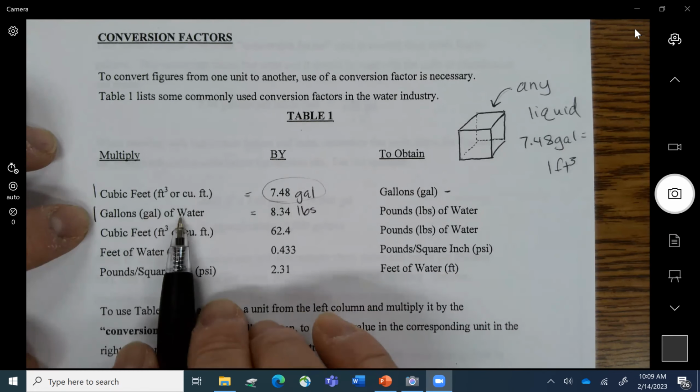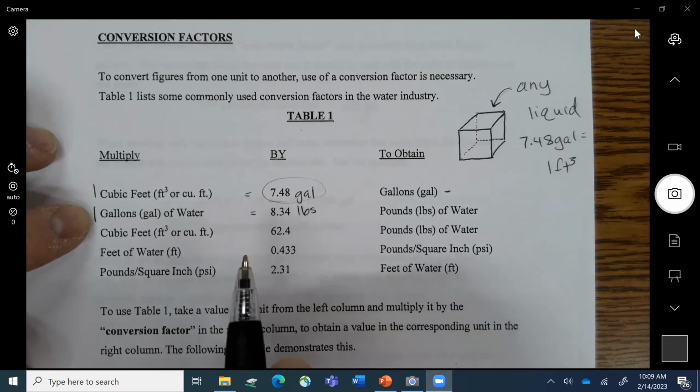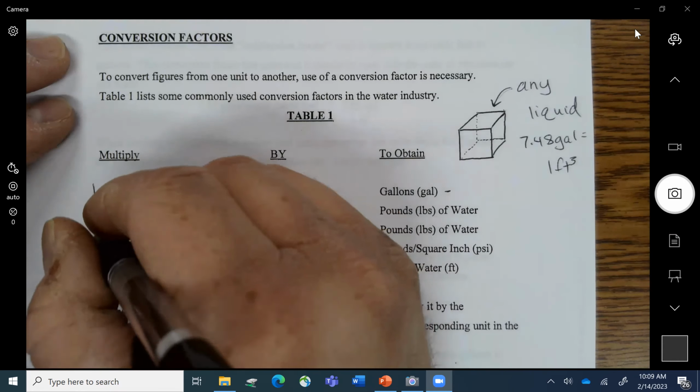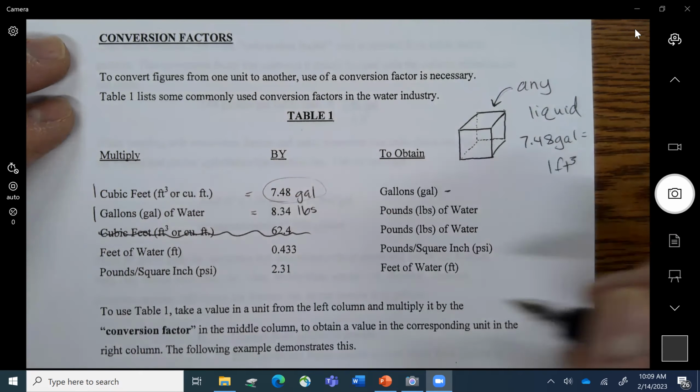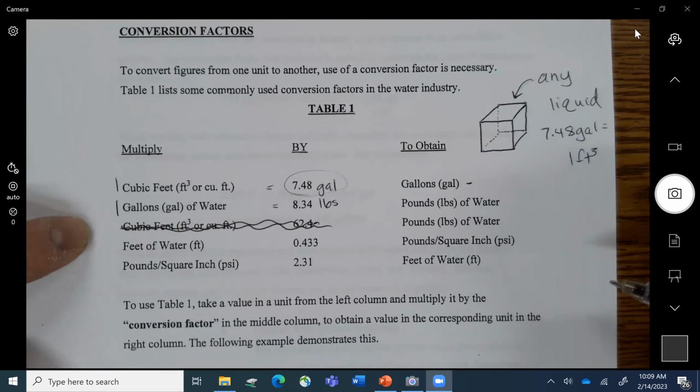1 gallon of water weighs 8.34 pounds. Now, that's not a universal constant, right? Because motor oil weighs more than water, or bleach weighs more than water, right? It all weighs something different, so that's not true. I ignore the 62.4. And the reason for that is you use these ones so much, you will know them.